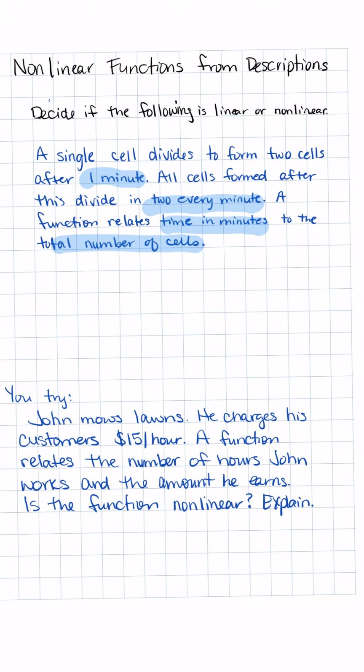So what do we think? Is that linear or nonlinear? As time increases by 1 minute, the total number of cells doubles, which is not a constant rate. So it's not like we can just multiply something to do it, because however many we have are doubling. So the function is nonlinear.